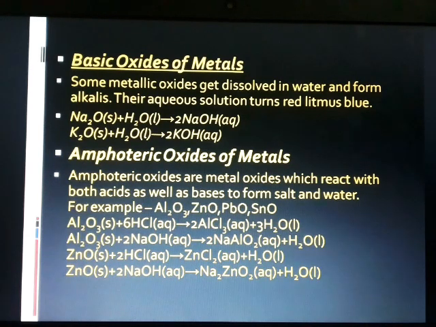When aluminium oxide reacts with HCl, it gives aluminium chloride along with water. That is with acids. When it reacts with bases, it gives 2NaAlO2, that is sodium aluminate, which is a salt, along with water. ZnO reacts with HCl.